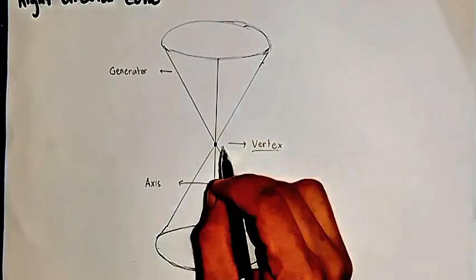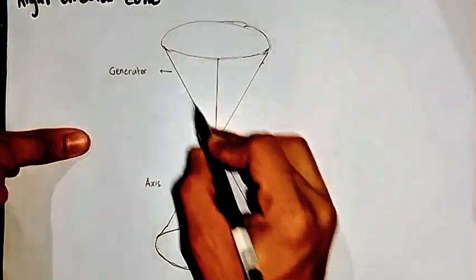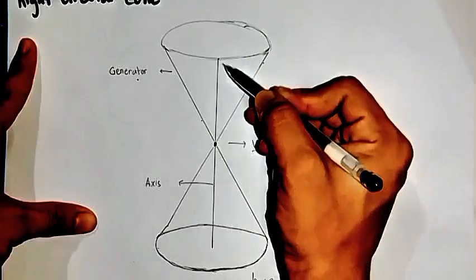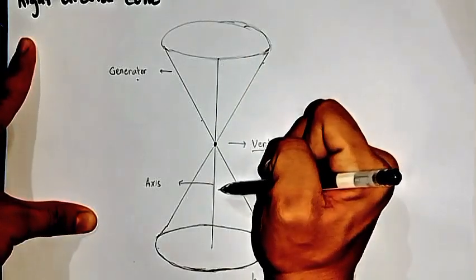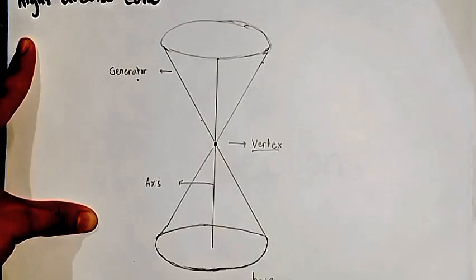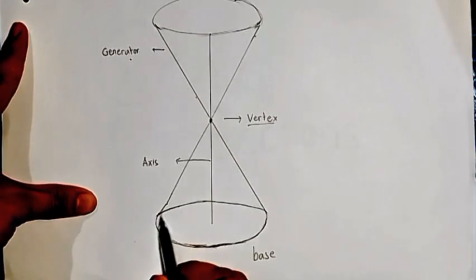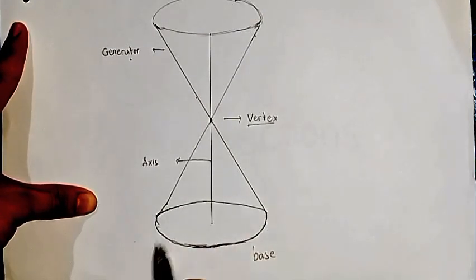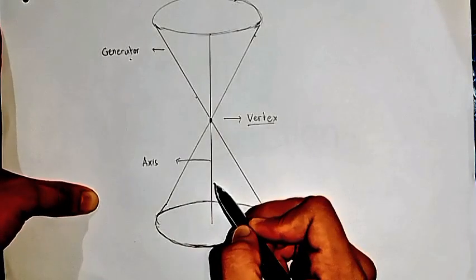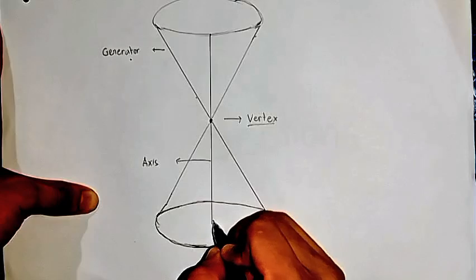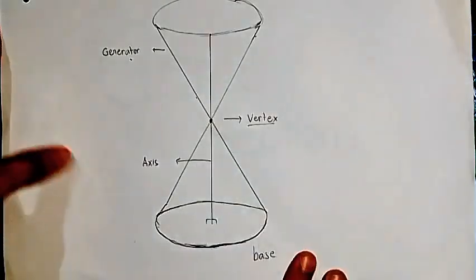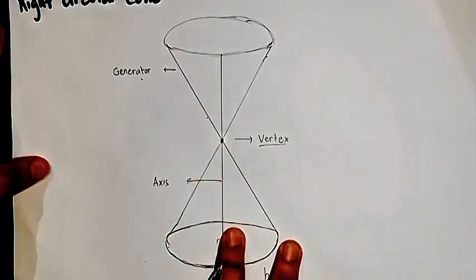The line that rotates about the vertex is called the generator. The vertical line that remains fixed is called the axis. A right circular cone has a circular base, and its axis is always the perpendicular line from the center of the base to the vertex.